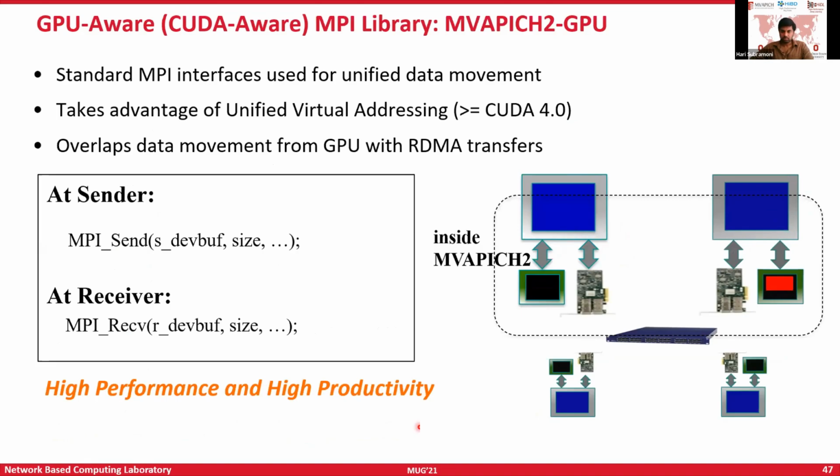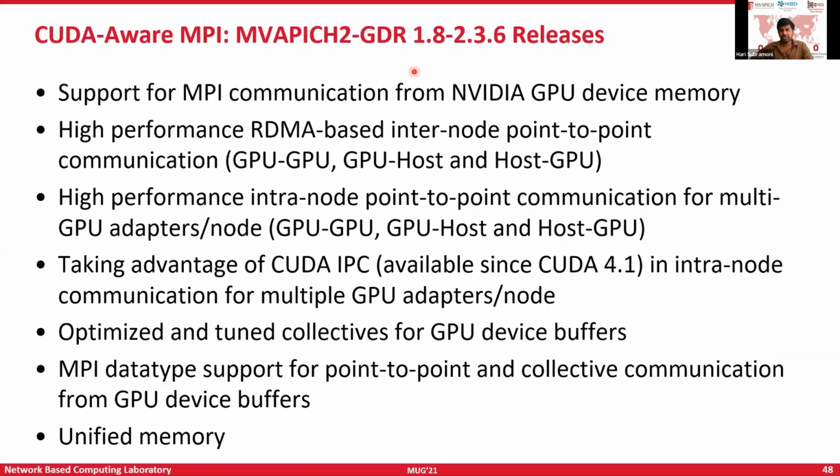Okay. Now, inside the library, there are a bunch of things that we do to improve the performance. And we've been doing this for the last several, like 5+ years. So this initially started off as a collaboration between NVIDIA and us. We have a lot of different support over the last, like, I don't know, 10, 15+ releases of the MVAPICH2-GDR stack.